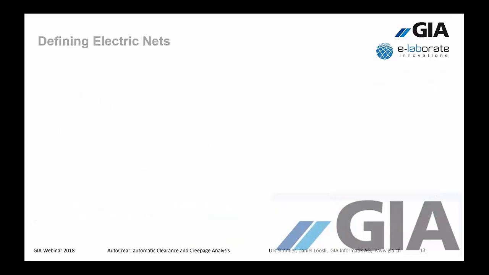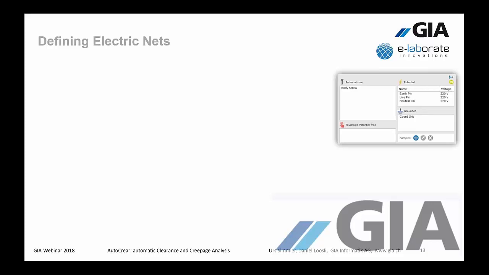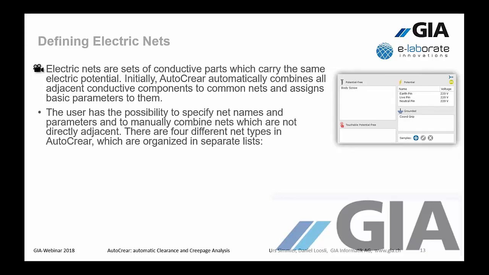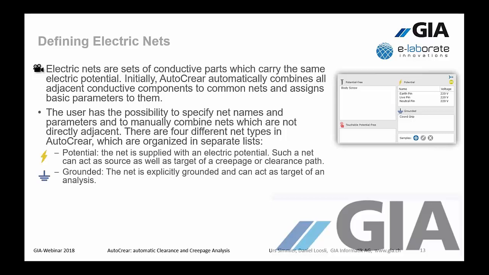Okay, when you define this metadata, then you have to build the electrical nets. That can be done automatically by joining those nets which are touching, and in the end you can go in and say, okay, these nets have a specific potential.